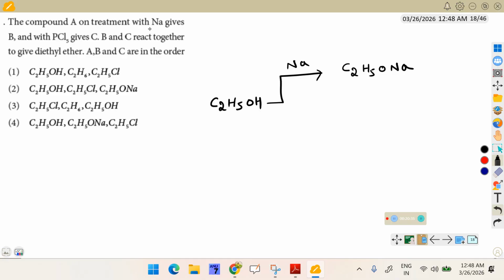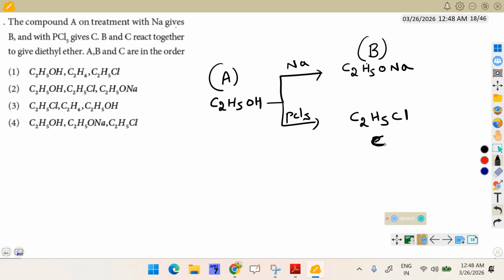Compound A on treatment with sodium gives B. I assumed compound A is C2H5OH, gives B, and it reacts with PCl5. Alcohols react with PCl5, then it gives C2H5Cl. This is C. Now B and C react together to give diethyl ether.